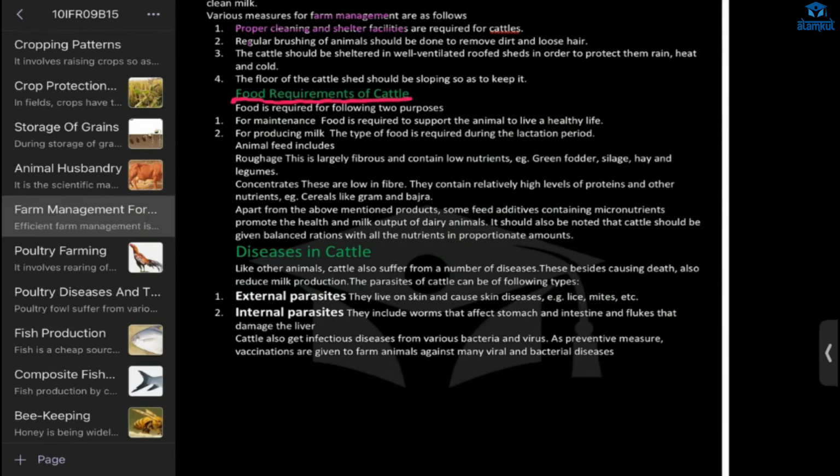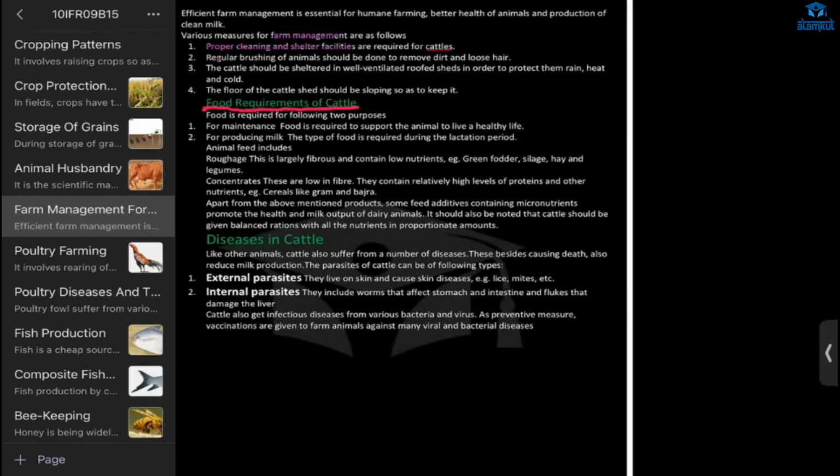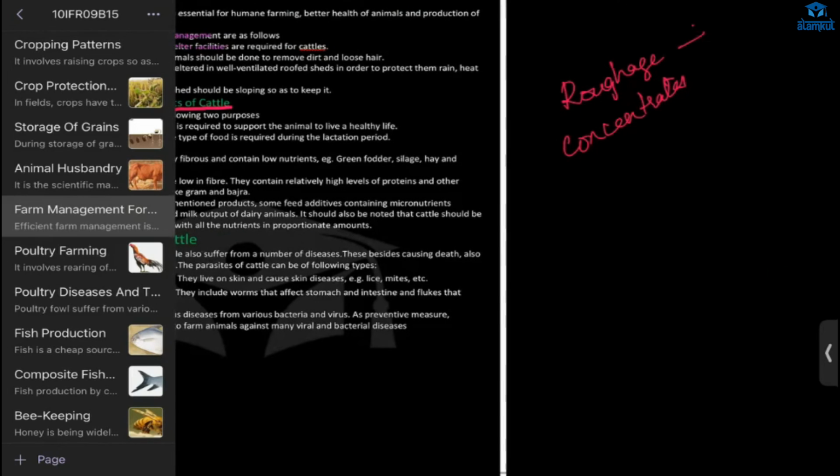Okay. Why food requirement? Why do cattle need food? Because they are living organisms. For to be healthy, right, and to produce milk. And there are two types of animal feed: roughage and concentrates. Roughage contains fibers, which we cannot digest, but the cattle can digest.